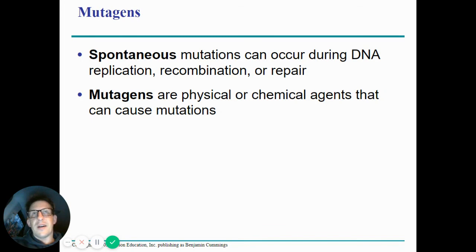Chemical agents like the chemicals found in cigarettes and asbestos and what's the one, the weed killer, whatever that weed killer was that got a lot of people non-Hodgkin's lymphoma very recently. I can't remember the name. Roundup. Those are chemical agents that chemically interact with the DNA in your cells and then cause chaos.